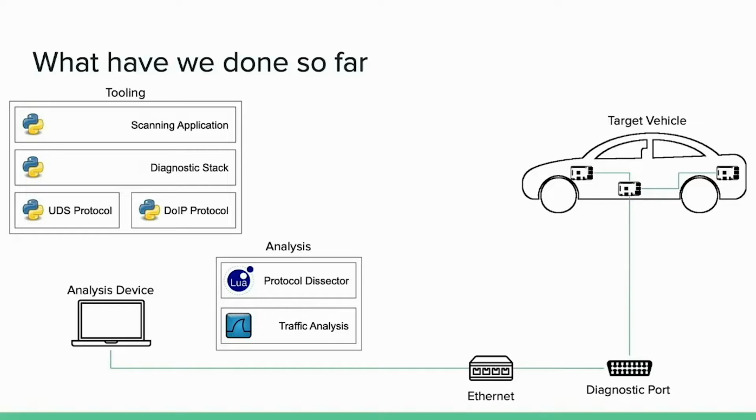To implement that, like we heard today a lot, we had PCAP files, but the problem is there aren't any dissectors available for these protocols. So we also implemented a dissector to be able to read and interpret the information that we gathered.